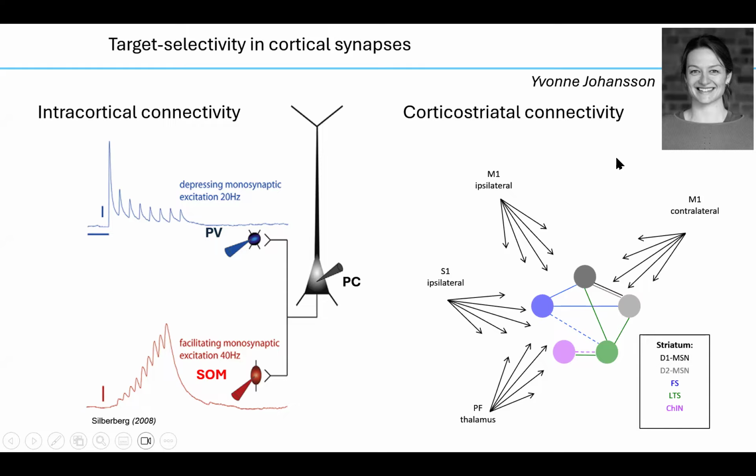This was the PhD project of Yvonne Johansson, who was in my lab a few years ago. We studied different presynaptic regions, either from somatosensory cortex, primary motor cortex on the other side, the contralateral one, and thalamic inputs, and recorded the responses of 5 different types of neurons.